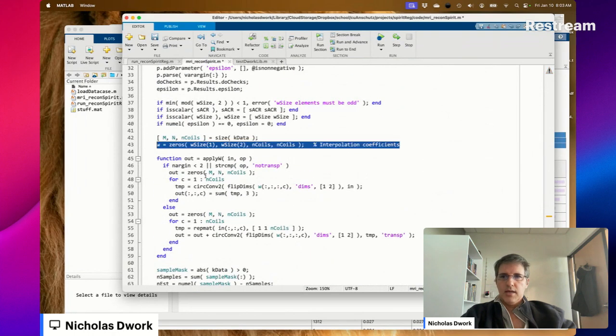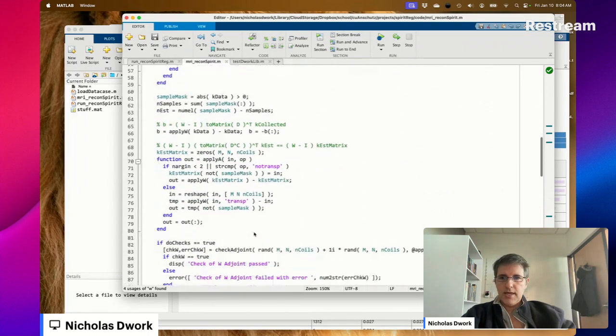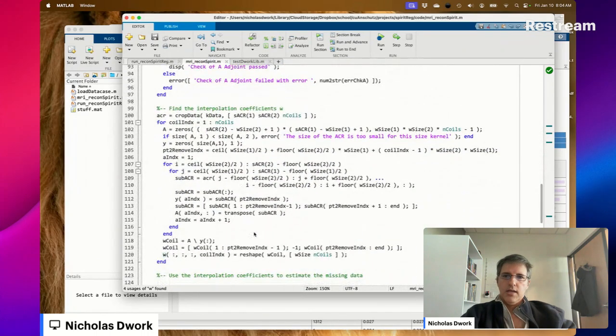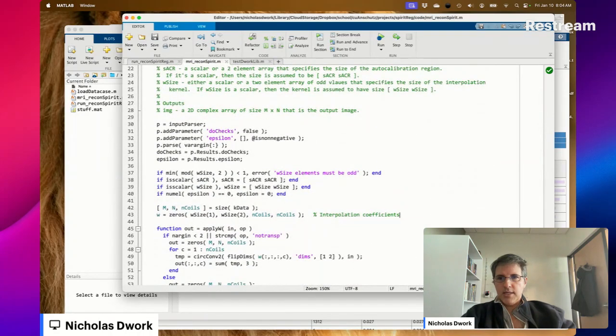Okay. Because of the way MATLAB works, this is a function defined within a function and has scope to all of the variables outside of it. So we don't need W to be defined before it, but I just tend to do that. Okay. So we've replaced this with minus 1. So now this W becomes actually W minus I.